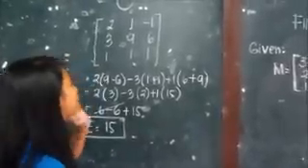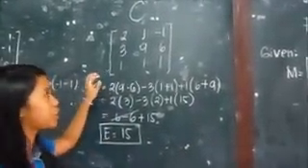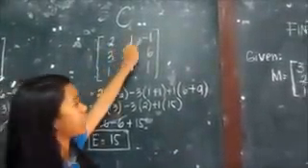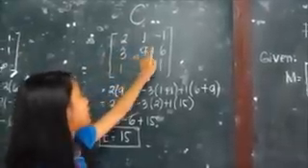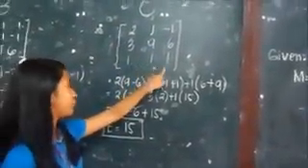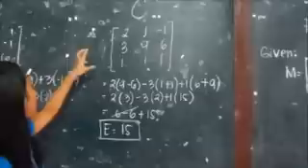The third set of matrix that has been interchanged is 2, 1, negative 1, 3, 9, 6, 1, 1, and 1.